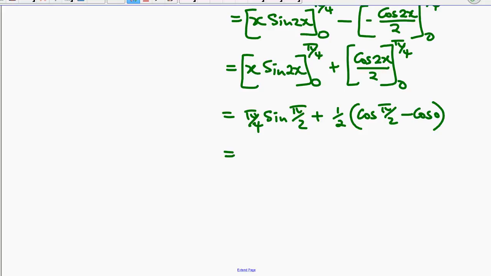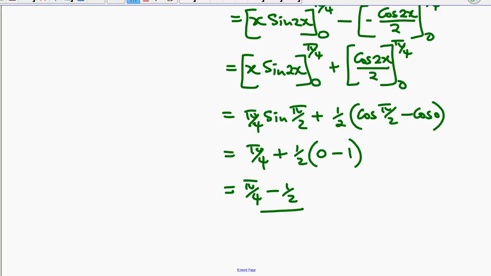This will give me, sine pi over 2 is 1, so just pi over 4 plus a half into, so that will be 0 minus 1. So my answer will be pi over 4 minus a half. Okay, this will be the expected value.